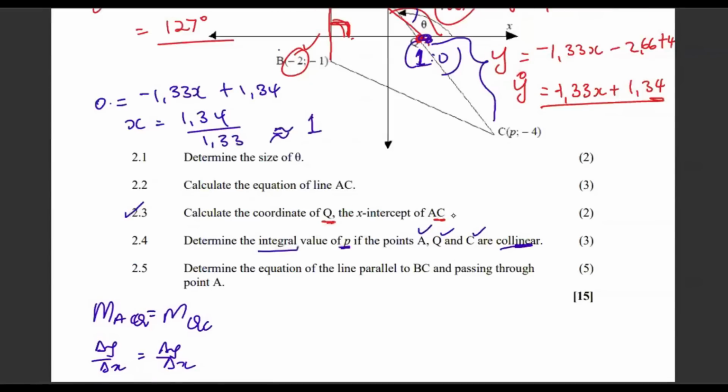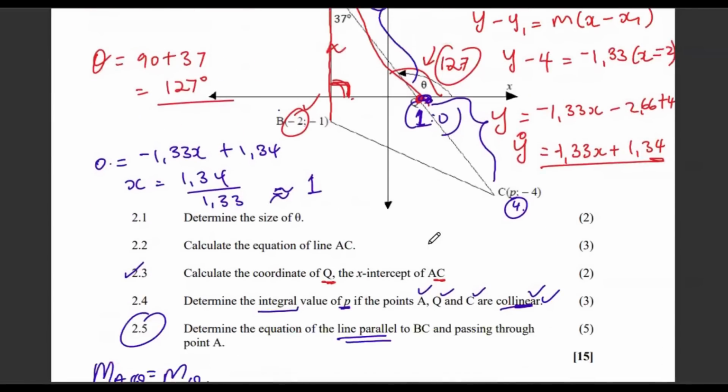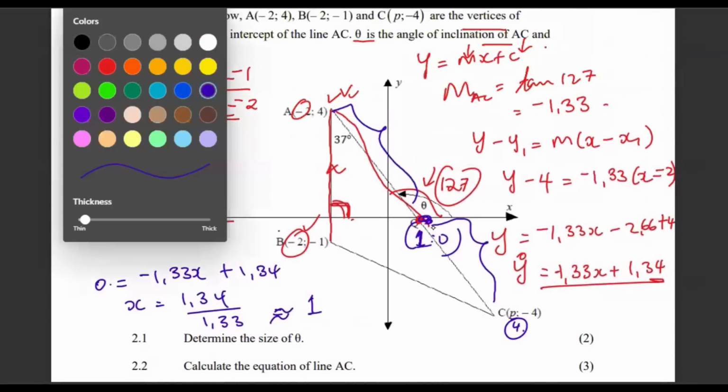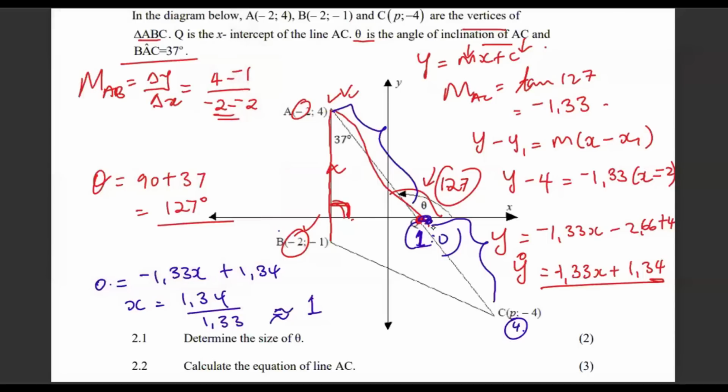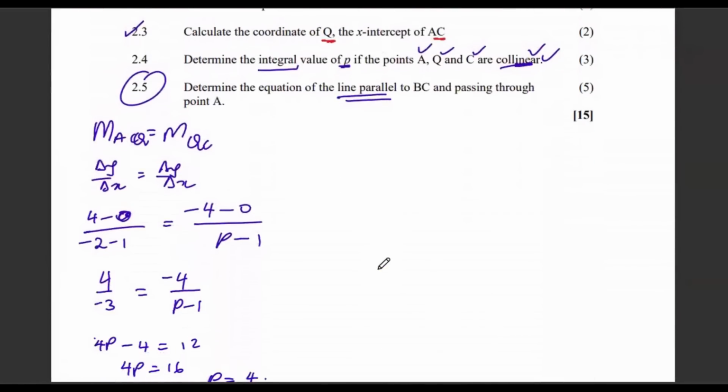Remember, P is on the positive side of the X. All right, there we go. Then 2.5, they want us to get the equation of the line that is parallel to BC, but passing through A. Now, when lines are parallel, what happens to the gradients? The gradients must be the same. So what this question is asking us indirectly to do is get the gradient of BC.